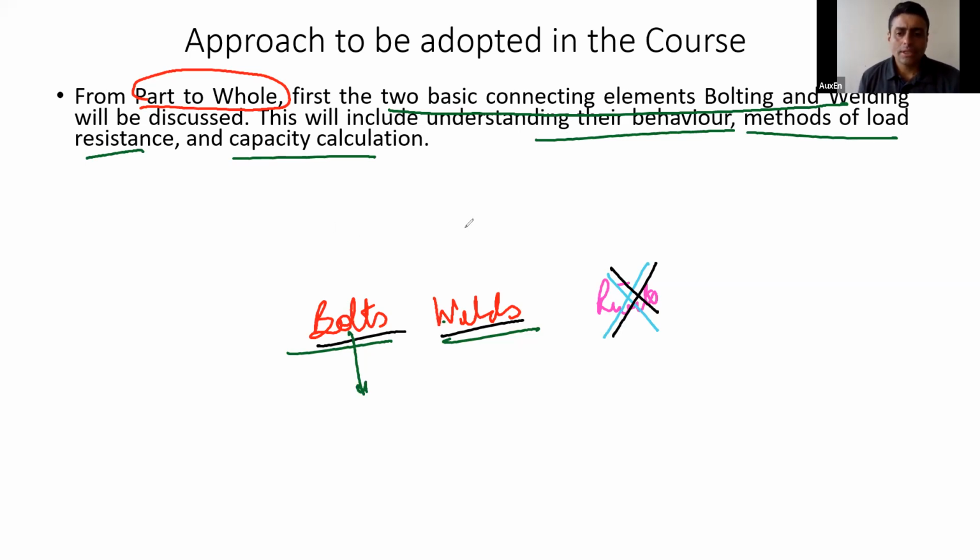Similarly, if you understand the types of weld, the specification of weld, and can calculate the capacity of weld in shear, you will understand the working of weld. So this is what we will first discuss.